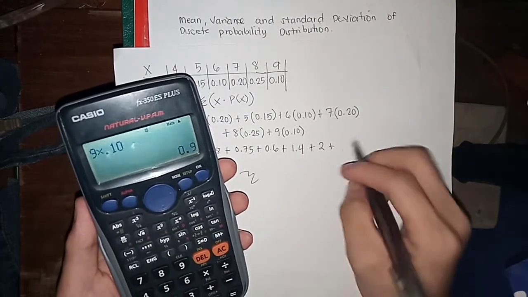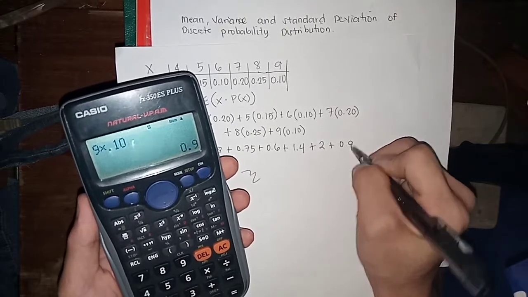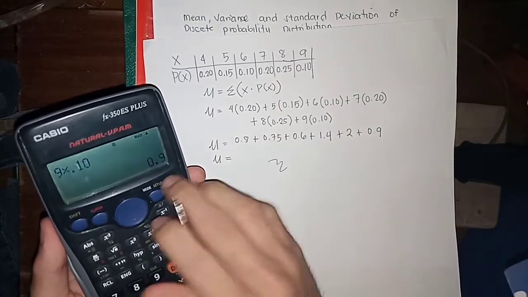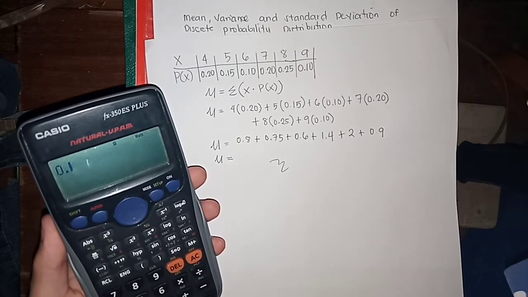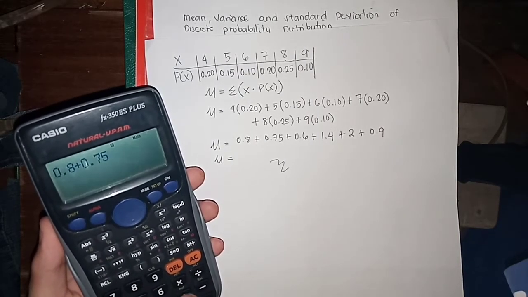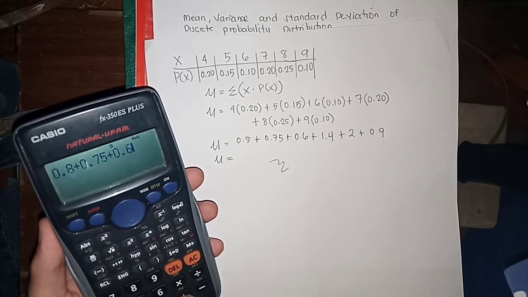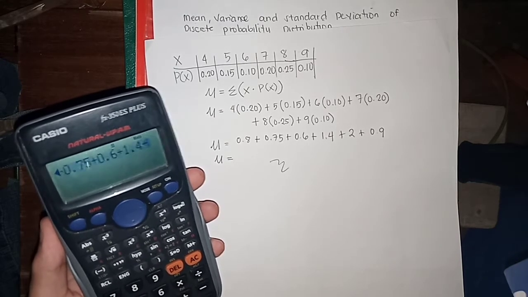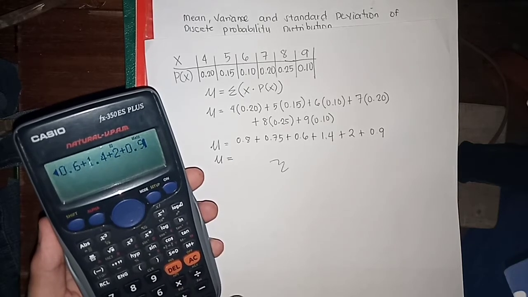that is 0.9. After that, i-add natin siya. So, we have the mean is equal to 0.8 plus 0.75 plus 0.6 plus 1.4 plus 2 plus 0.9.